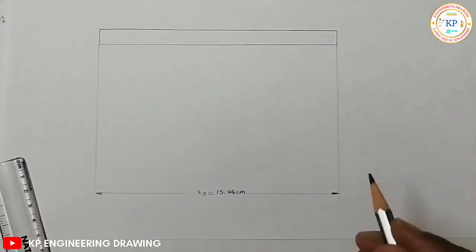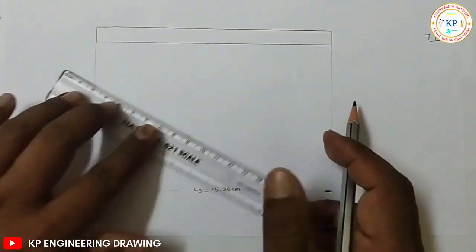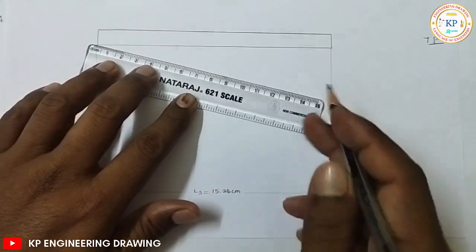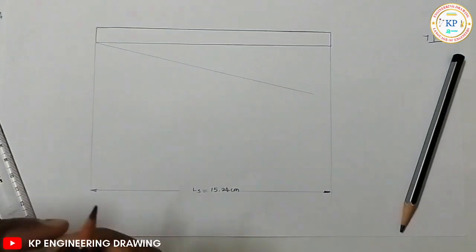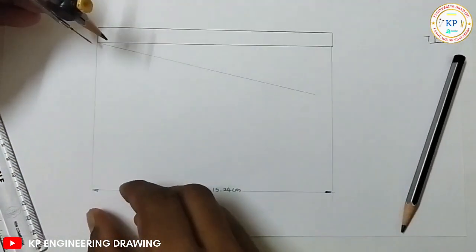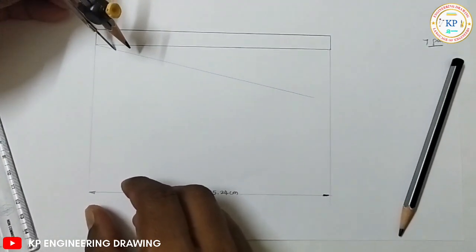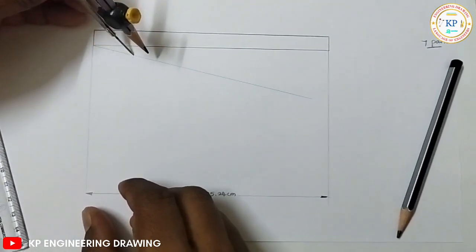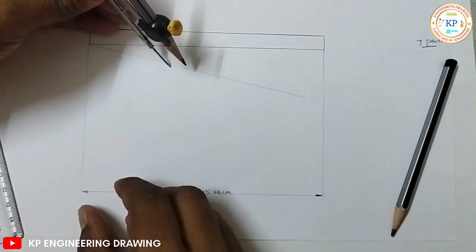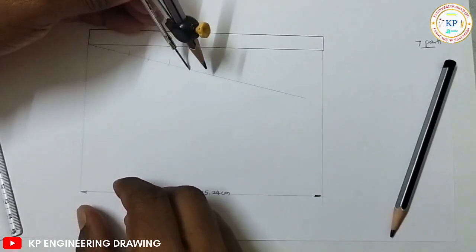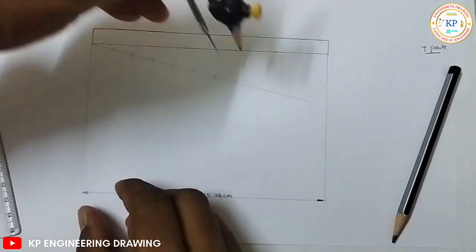Why? Because the maximum distance is 7 feet. So divide this scale into 7 equal parts by the line divide method. With a convenient radius, we take 7 points with the same radius: 1, 2, 3, 4, 5, 6 and 7.